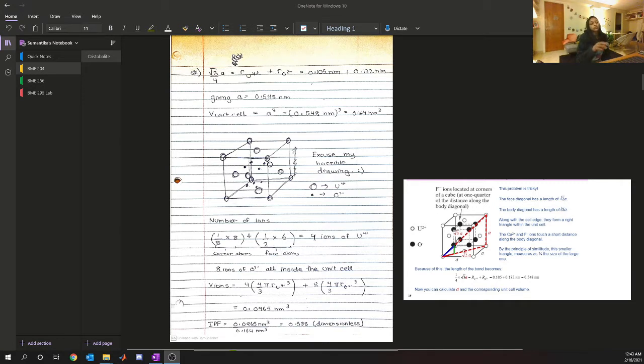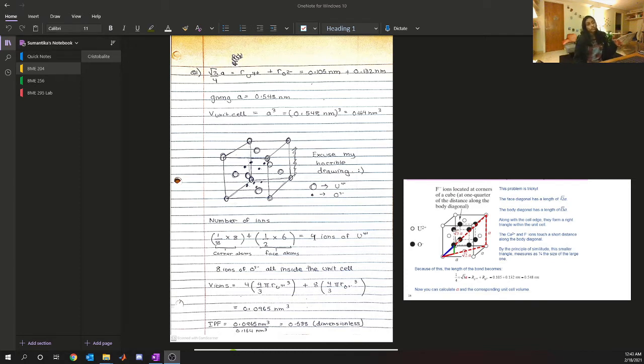That gives a total of 4 ions of U4+. Like I said before, each corner position is 1/8 of an atom, or 1/8 of an ion in this case. Then you add it up and you have the number of ions that exist in that unit cell.